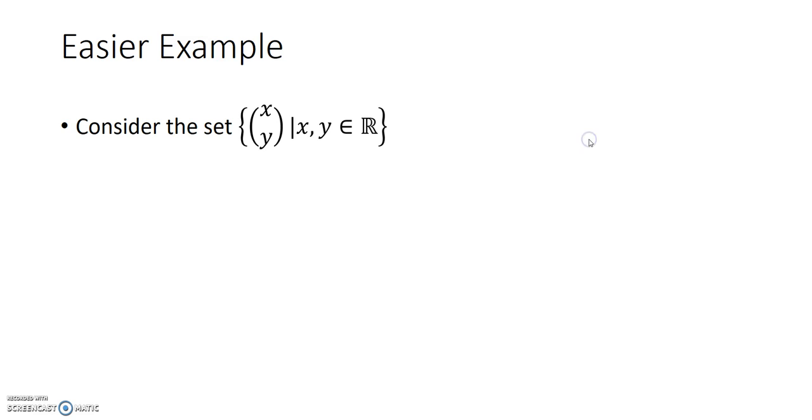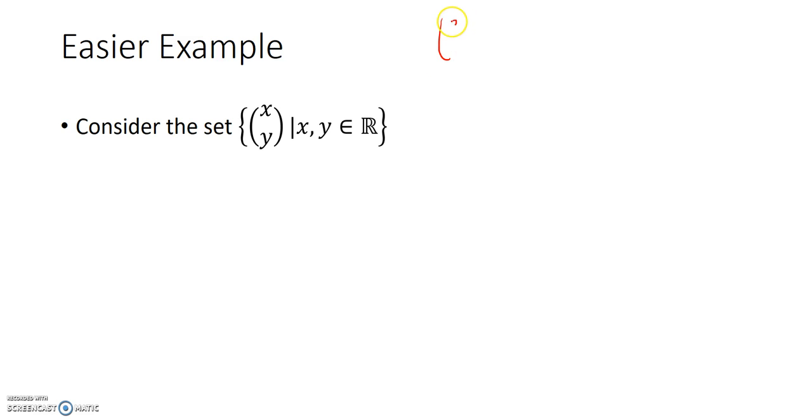So let's look at an elementary kind of example. Here's a set builder notation, and this is the set of all vectors containing an element in the top component that we're calling x and an element in the bottom component that we're calling y, such that x and y are both real numbers. Okay, so what would be examples of elements inside of this set? Well, anything where x and y are real numbers.